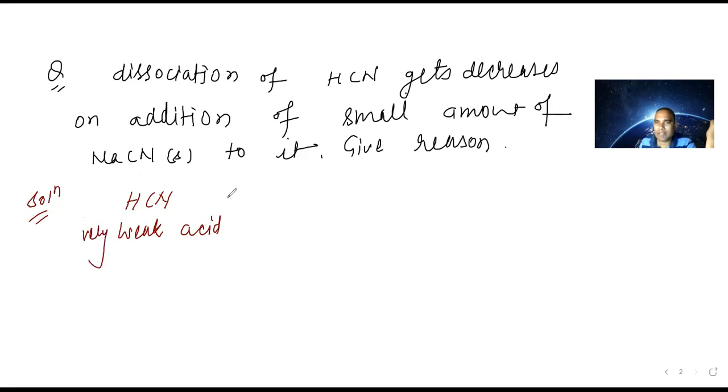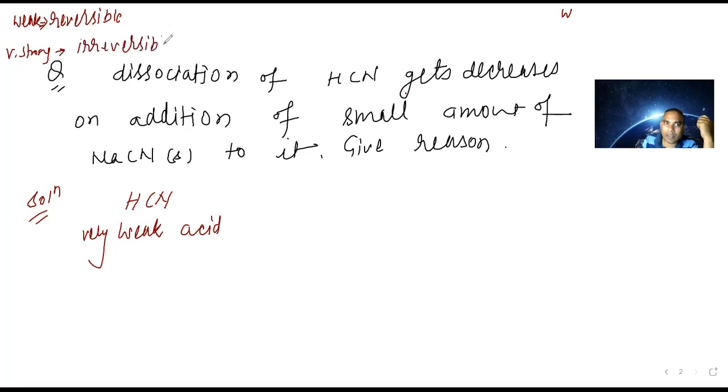So does very weak acid mean irreversible or reversible? Weak means reversible. It is not 100% ionized. Always, weak means reversible. In the case of very strong, it is 100% ionized, so 100% ionized means irreversible.